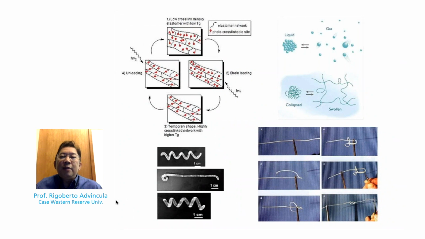As I said, this could be in the form of heat. It can also be in the form of UV light, or it can be in the form of a chemical response, meaning it responds to a small molecule or diffusion of gases. So as a shape memory material, it's capable of actuation. In other words, it will stretch or it will compress.